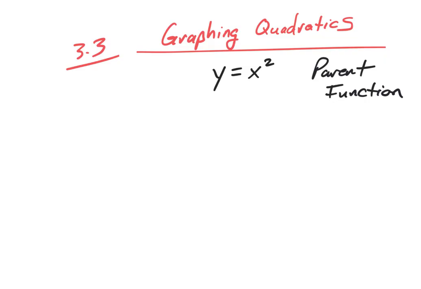There's 2 different forms that we're going to talk about today. The first one is what we call vertex form. And vertex form is pretty nice to graph because it gives us a lot of information right from the beginning.